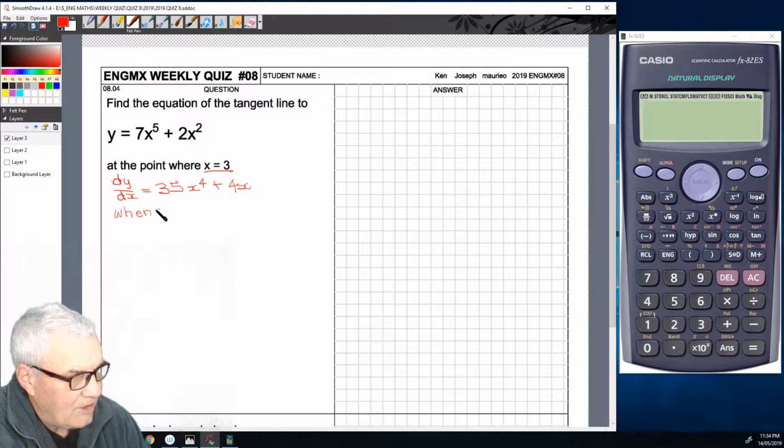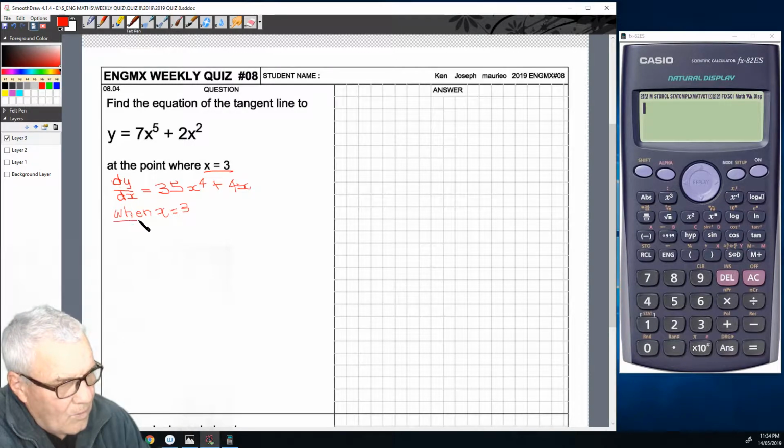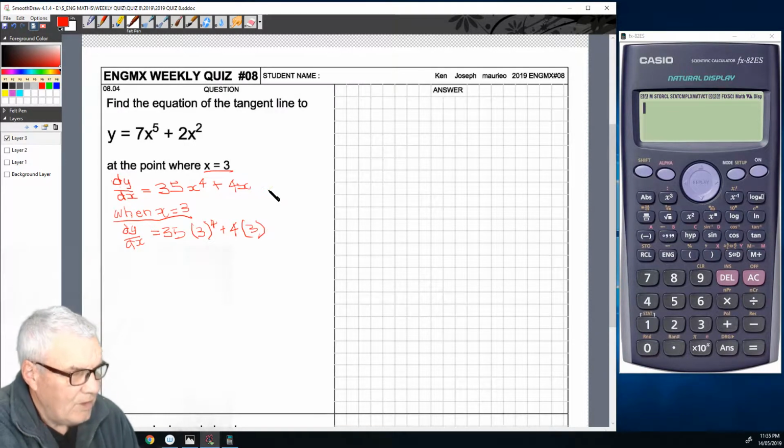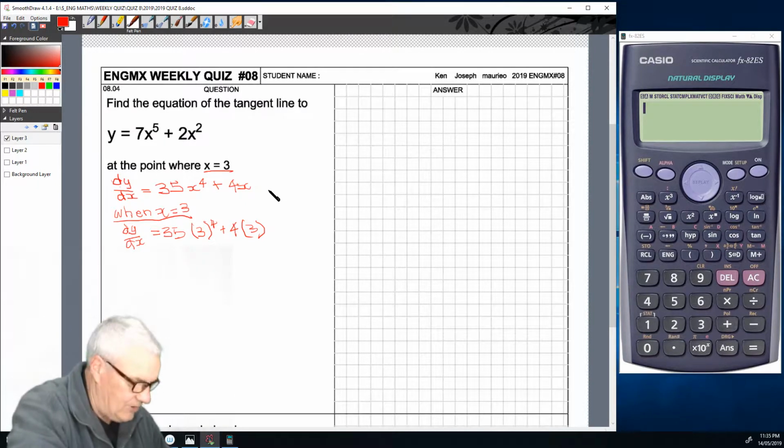When x equals 3, dy by dx equals 35 bracket 3 to the power of 4 plus 4 times 3.